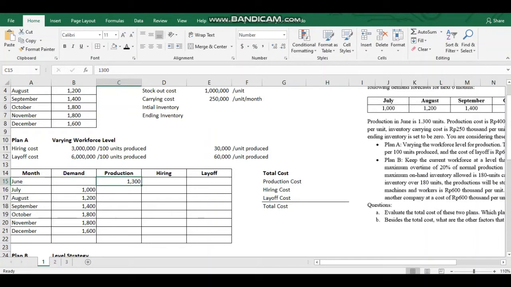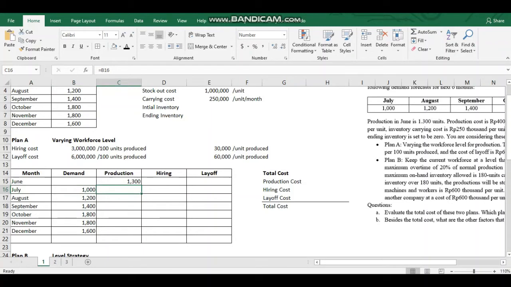From the problem, it said that the production in June is 1,300 units. And this is our starting point, okay? While in July our demand is 1,000 units only, while currently we have 1,300 units as our level production.